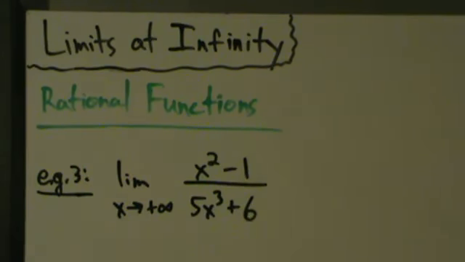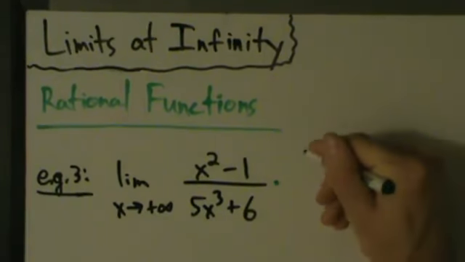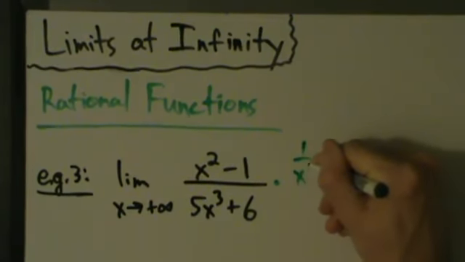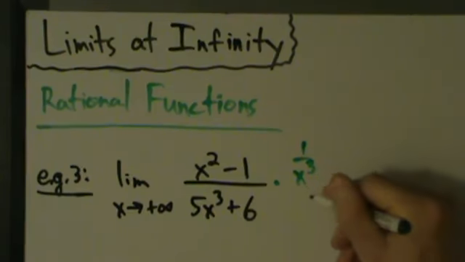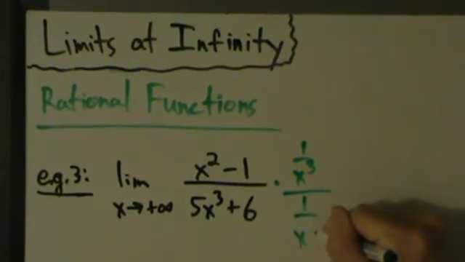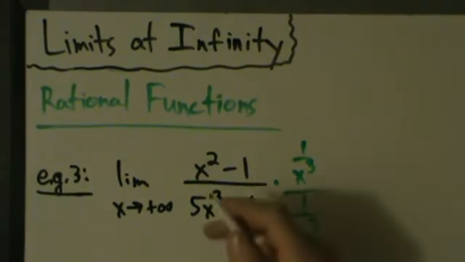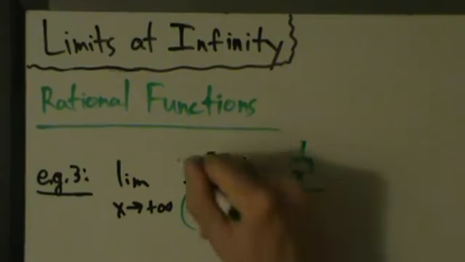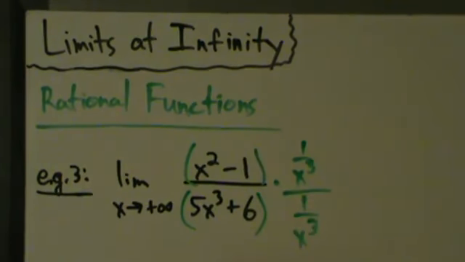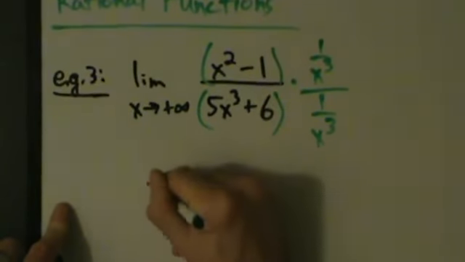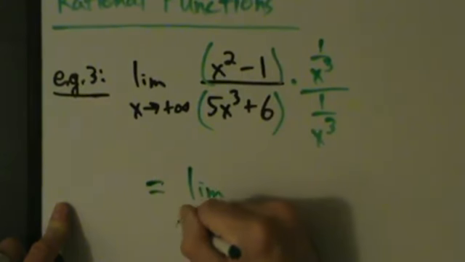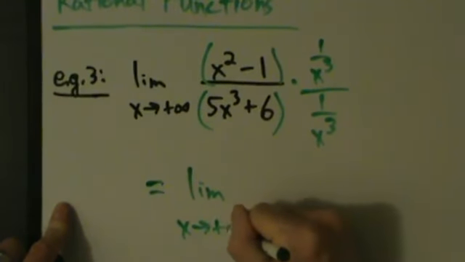So what we're going to do then is multiply the top and the bottom by 1 over x cubed. And why are we going to do that? Well, we'll see soon. So multiply the top and the bottom by 1 over x cubed. And then we're going to end up with this equals the limit as x goes to positive infinity.